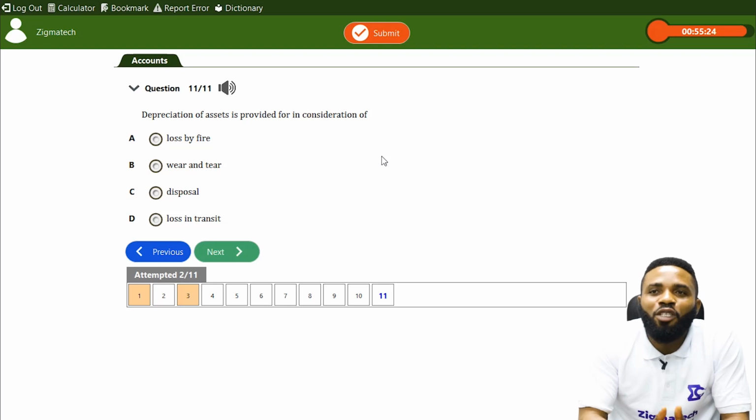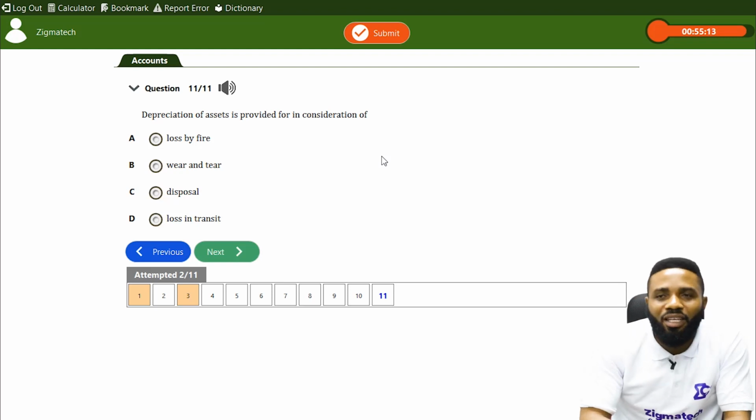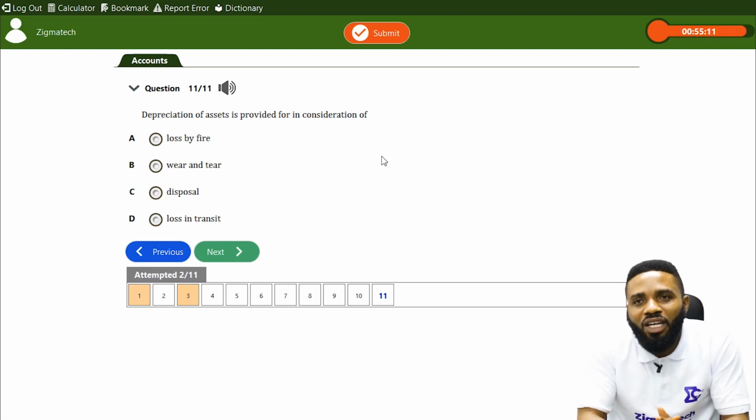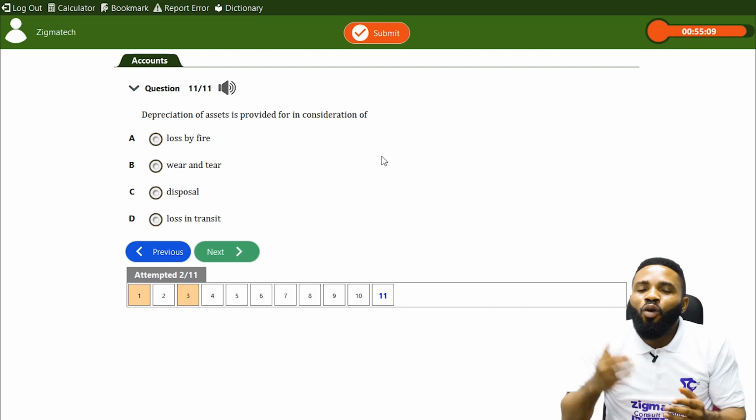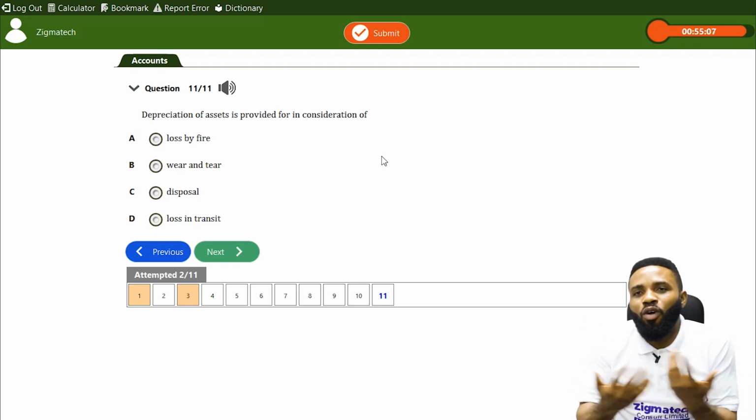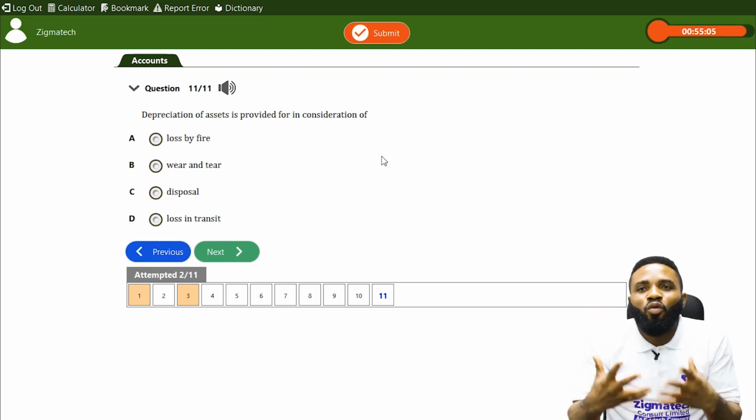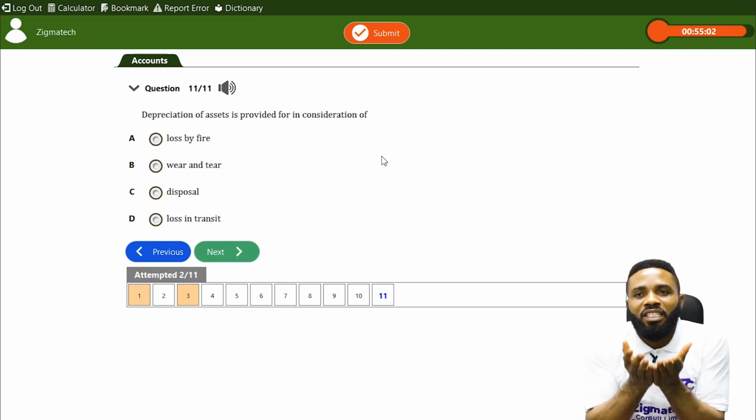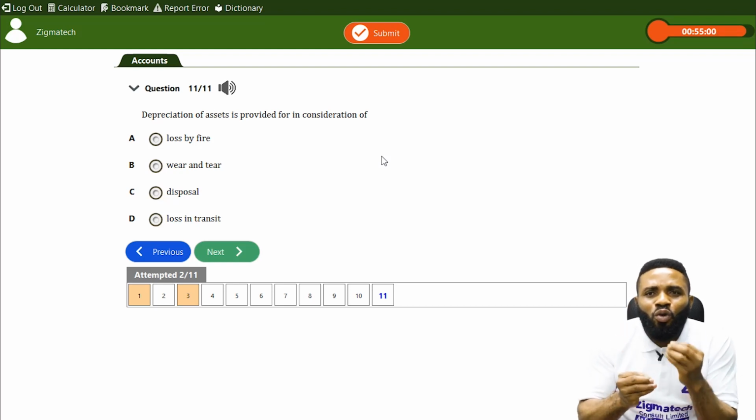Why do we need to calculate depreciation? It is provided for in consideration of what? What are we considering when we want to provide depreciation? What are you supposed to consider?